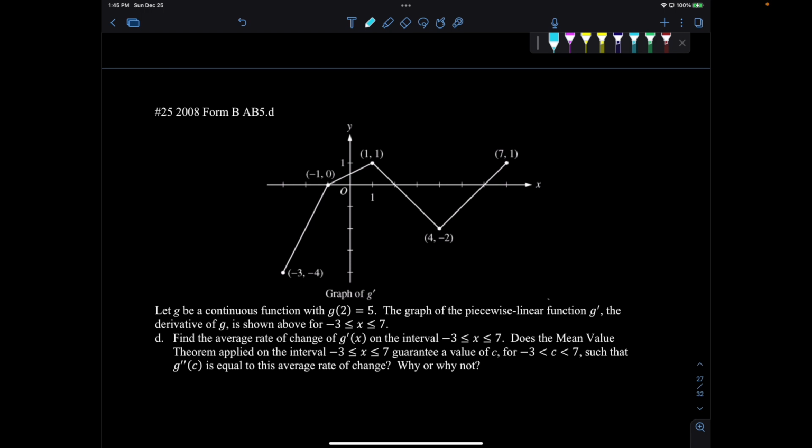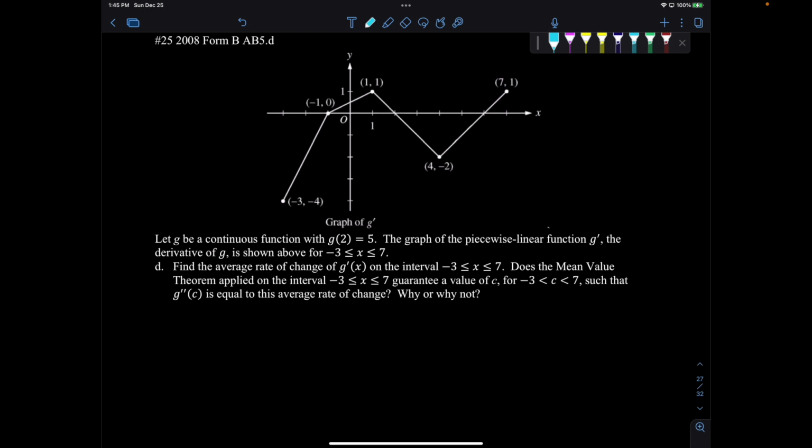Number 25, from 2008. Let g be a continuous function with g of 2 equals 5. The graph of the piecewise linear function g prime, the derivative of g, is shown above for -3 to 7. Find the average rate of change. Average rate of change is Algebra 1 slope, so of g prime.